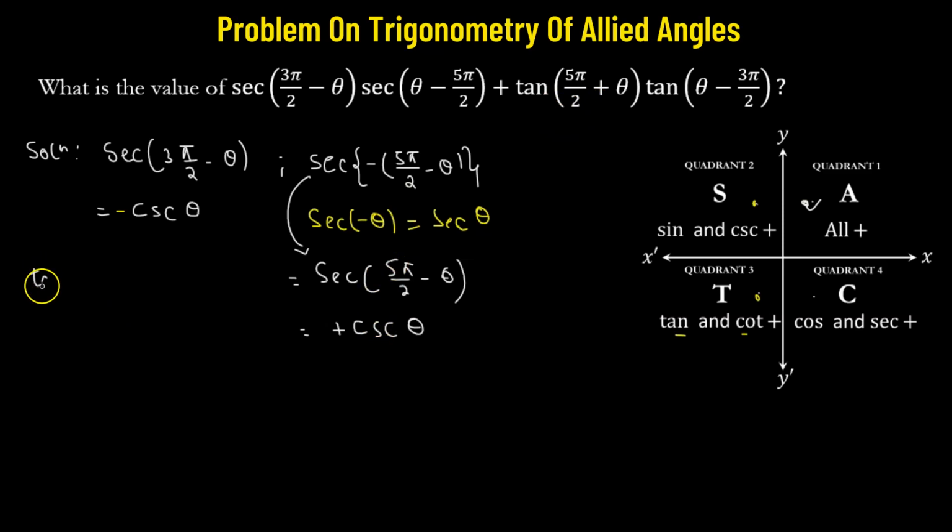Now let's come to the next trigonometric ratio. We have tangent of 5 pi over 2 plus theta. We have an odd multiple of pi over 2, so tangent is going to transform to cotangent. We're going to have cotangent of theta.